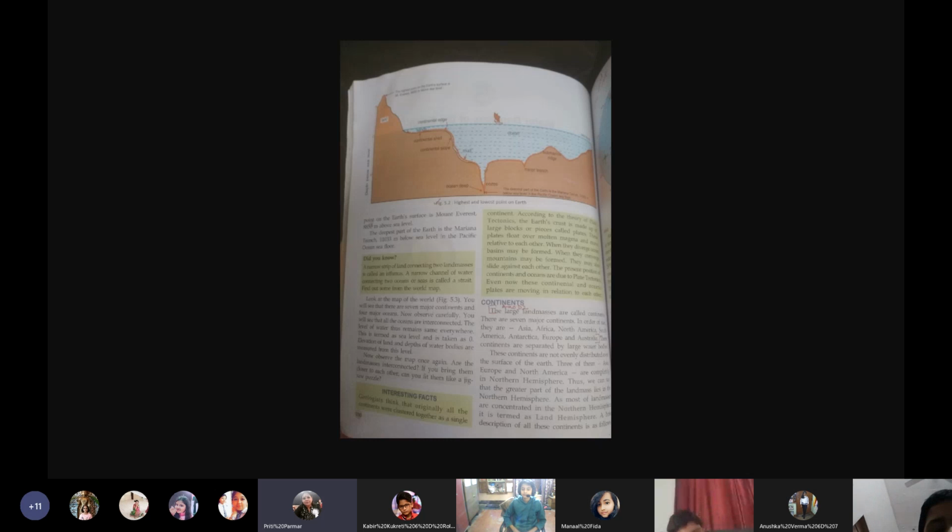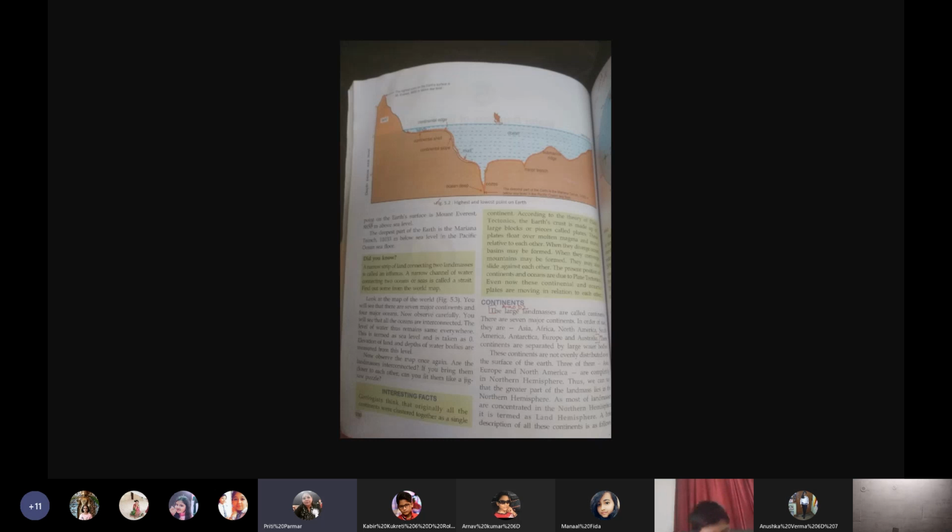Interesting facts. Geologists think that originally all the continents were clustered together as a single continent. According to the theory of tectonics, the Earth's crust is made up of large blocks or pieces called plates. These plates float over molten magma and move relative to each other. When they diverge, ocean basins may be formed.